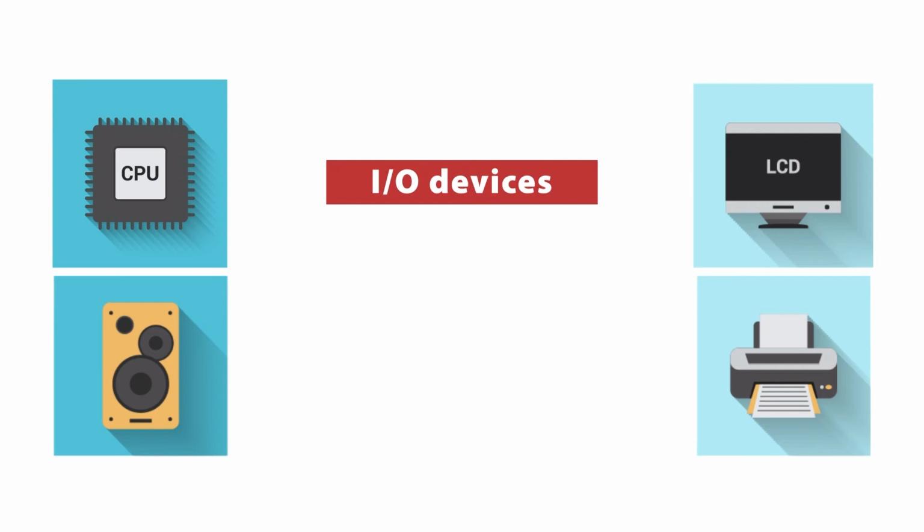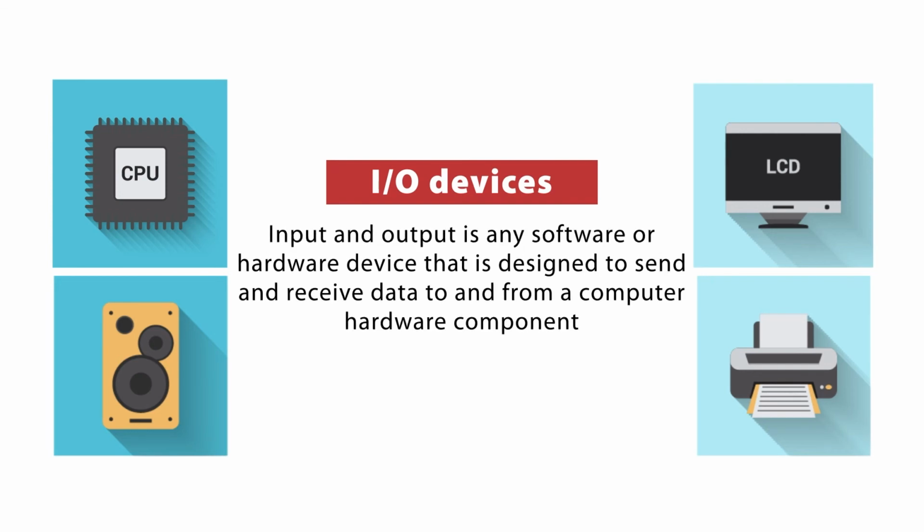Now, apart from memory, we talk about our peripheral devices. In that context we can say that input output devices are basically software or hardware devices used for receiving data or capturing information in the form of a soft component.